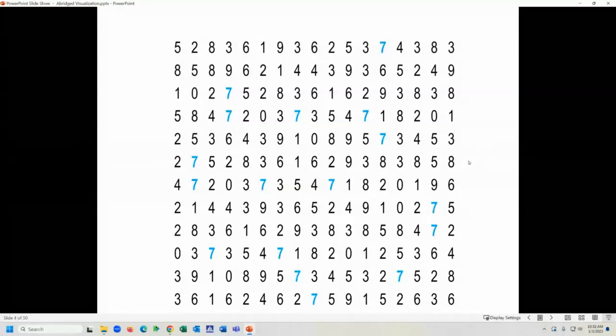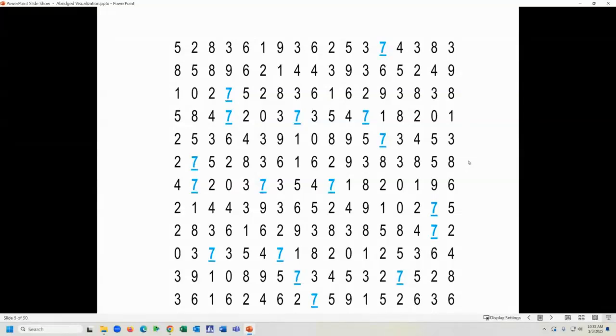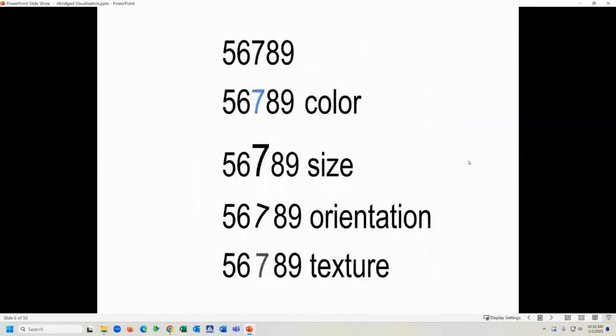Highlight them, might as well make them a little bolder because that makes it even easier to see. Underlining them is another accent, so you're making it even easier to count them now. So we've just seen that you could use color, you could use the size, we could have tilted the sevens, orientation, or textured it. Any of these things are what we would call pre-attentive attributes.